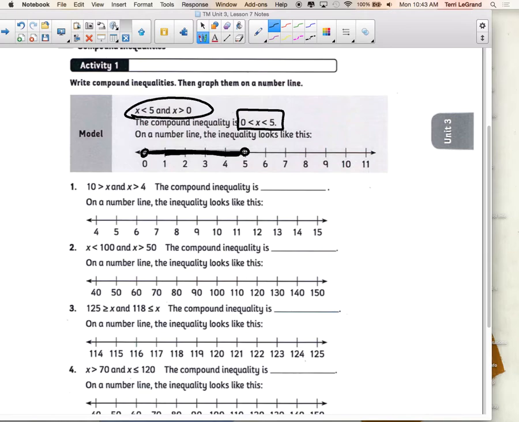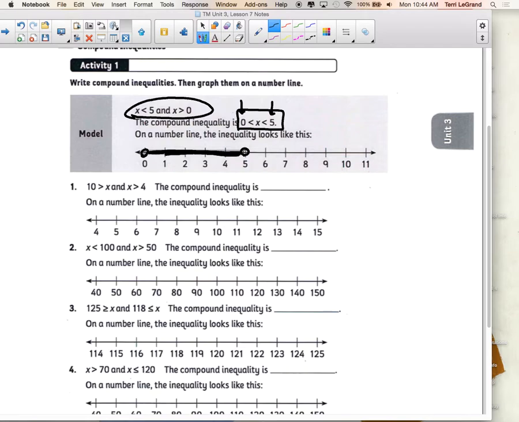So we combine it together and X is in the middle. Notice our smaller endpoint is at the left end and our larger endpoint is at the right end. And 0 is smaller than all of these numbers in the shaded part, and the shaded part is smaller than 5. So that's how we connect it together.